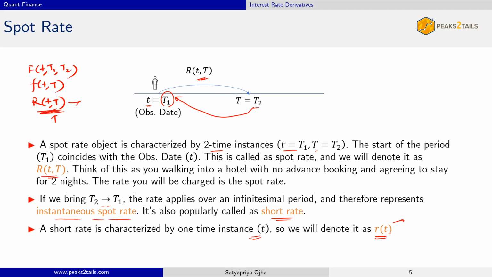It is r(t). This encompasses three time instances inside itself: observed at t, starts at t, ends after one time instant. So you only need t. Okay, spot rate, I hope you understood. Let's proceed.